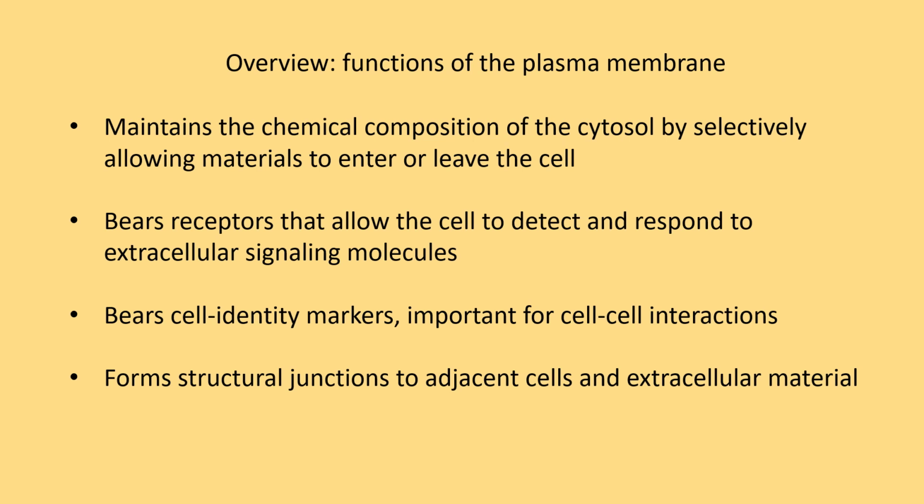But the vast majority of cells in your body occur as part of a solid stationary tissue. And in order for these tissues to have structural integrity, their plasma membranes need to be connected to each other. And there are proteins in the plasma membrane that form these connections. So we'll talk more about the structure and function of the plasma membrane, taking care to hit on each of these bullet points.